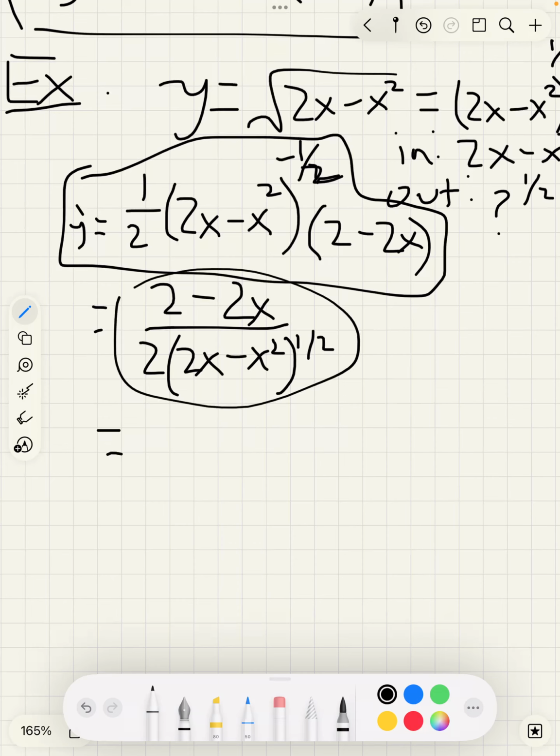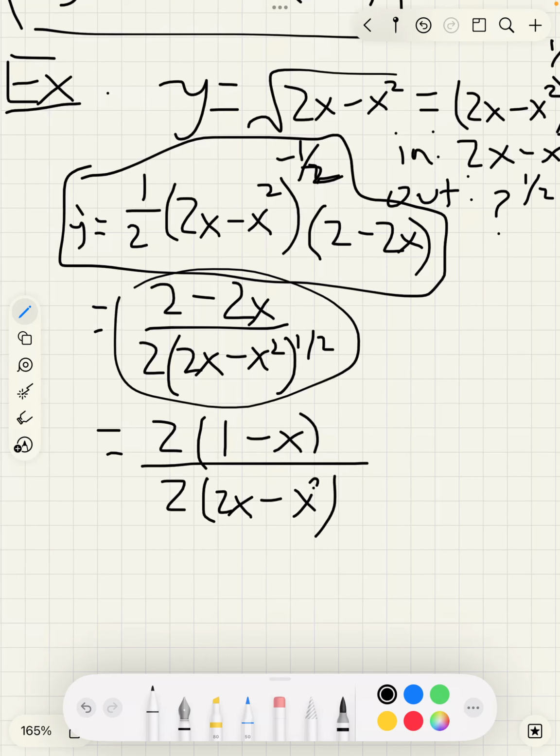Another way, even more, that you could simplify this is you could factor a 2 out. Right, and then you've got a factor of 2 in the numerator and the denominator. So that'll divide and leave behind a 1.